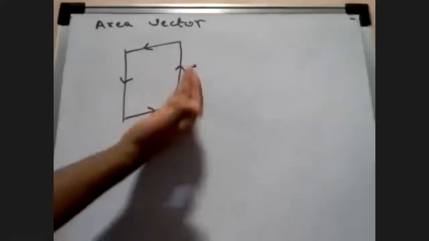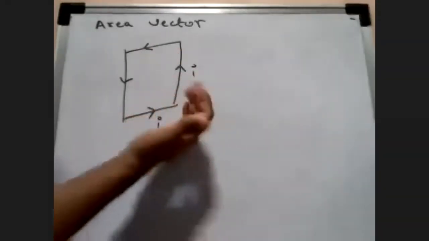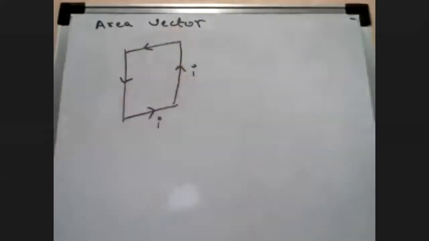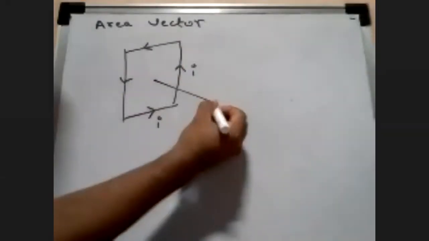So for this case, my area vector is coming outwards.